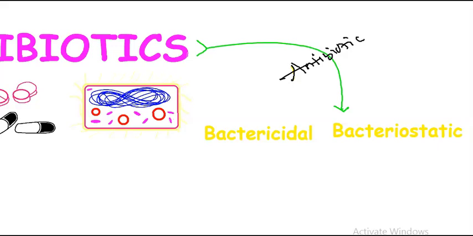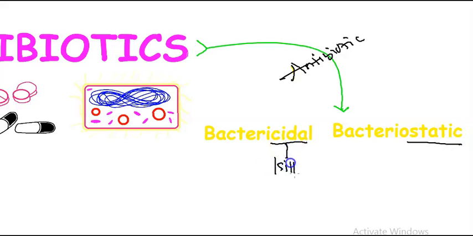This is where things get juicy. Antibiotics are categorized and grouped into two major types, which are the bactericidal and bacteriostatic. The word bactericidal is simply a combined word, which is bacteria and then cidal. Bacteriostatic also is a combined word, bacteria and then static. The word cidal simply means to kill.